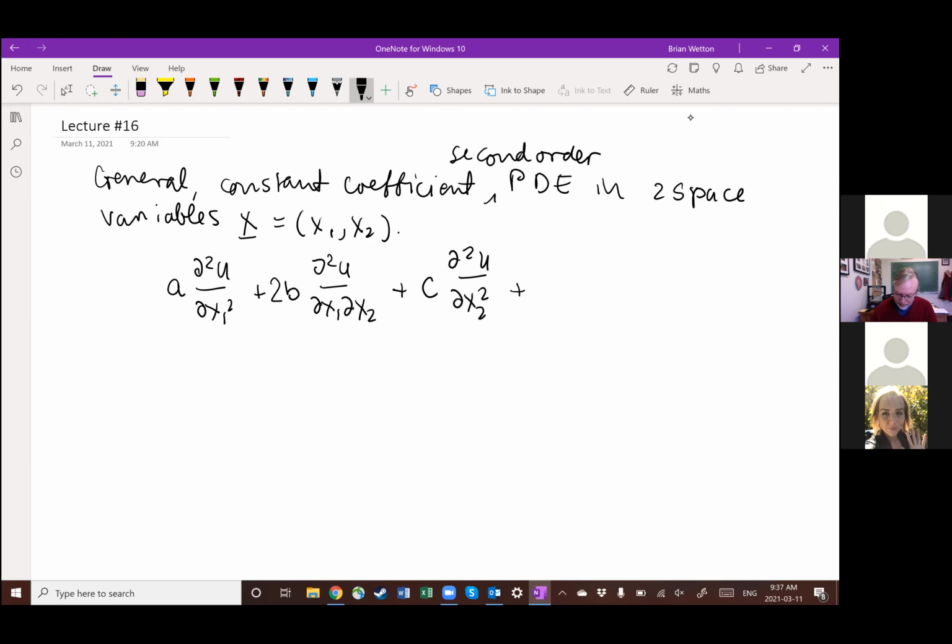And then I'll have lower order terms: d du/dx1 plus e du/dx2. And if it's still linear, I would put an f times u, but I want to save f for the right-hand side. Okay, so we're going to drop the lower derivative terms when the second order derivative terms tell us something.